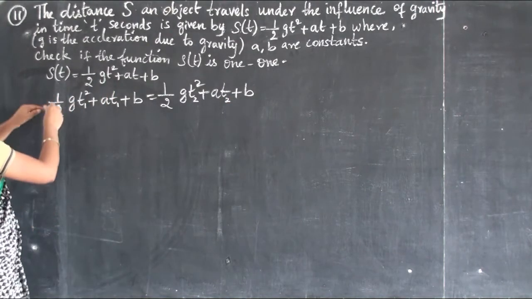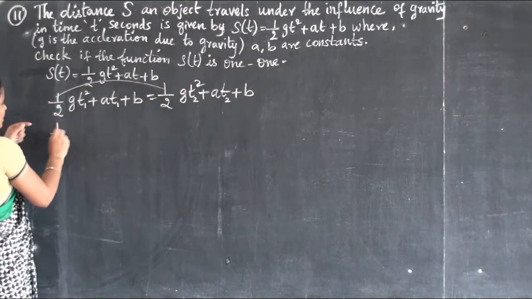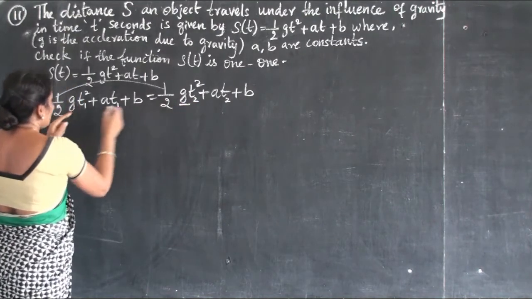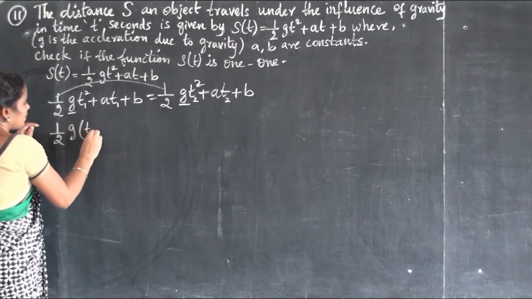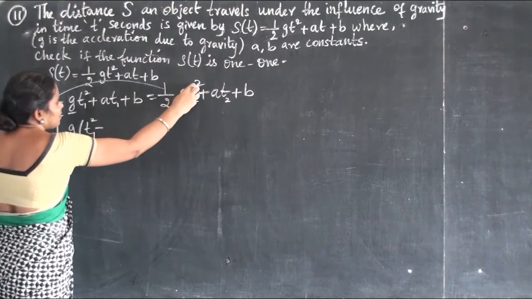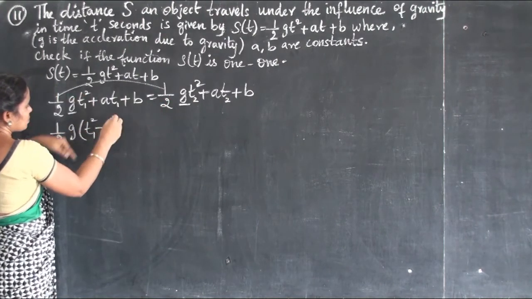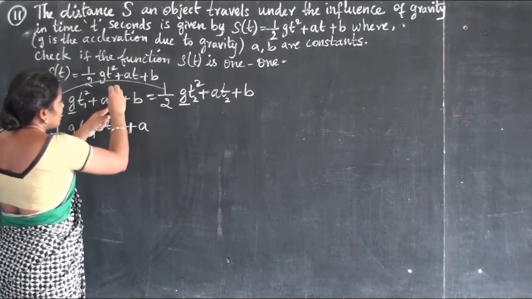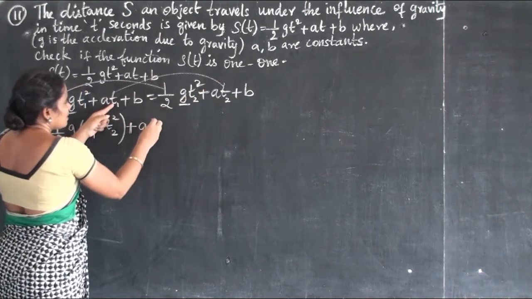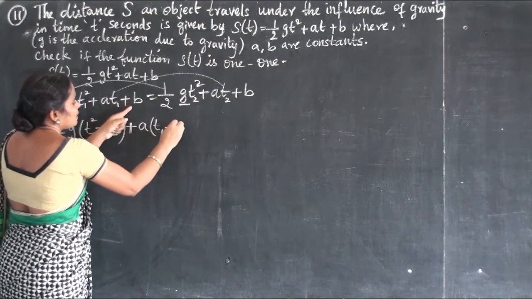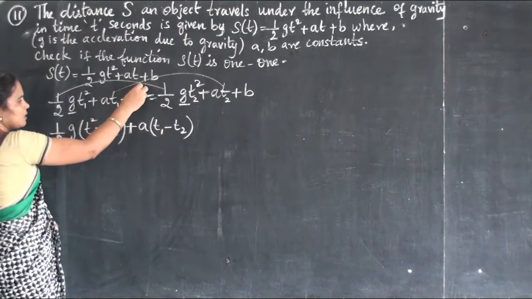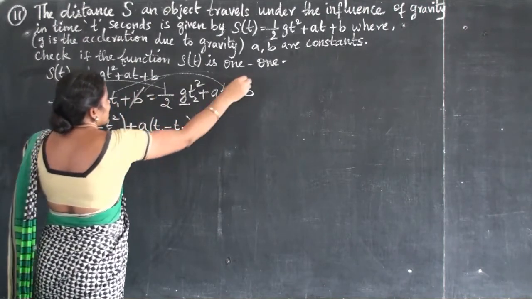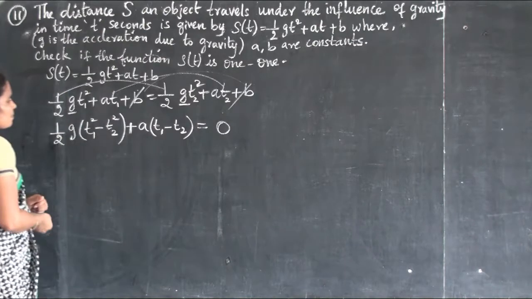Then the common terms, that is 1 by 2 g, g is common, right? g t1 square minus g t2 square, plus a t1 minus t2, plus b. Plus b, if it comes here, minus b, so it will cancel. It's equal to 0.